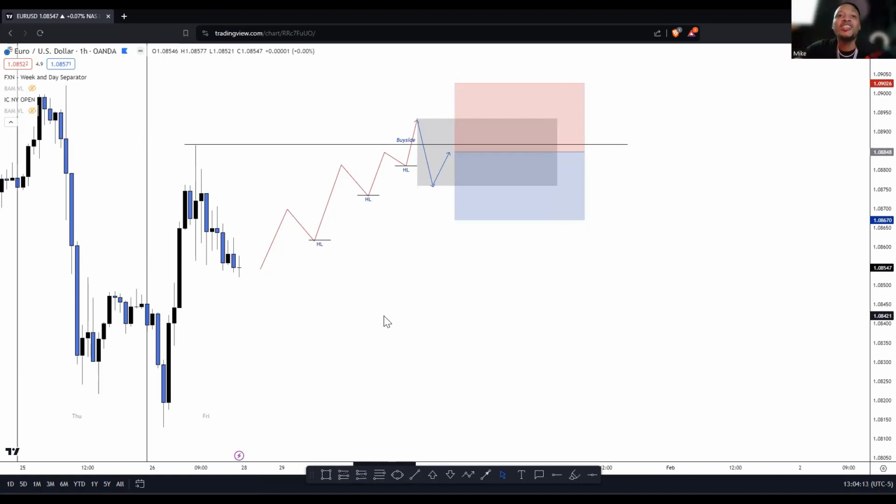So for people who get confused when we talk about numbers, let's just say my 8 pip stop loss represents $500, and my 16 pip take profit represents $1,000. So I would be risking $500 to make $1,000. Every 8 pips is calculated as $500. I'm risking 8 pips, that's $500. My take profit is 16 pips, that's $1,000 if I hit the take profit.